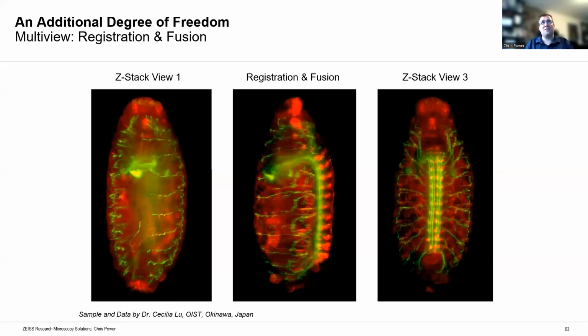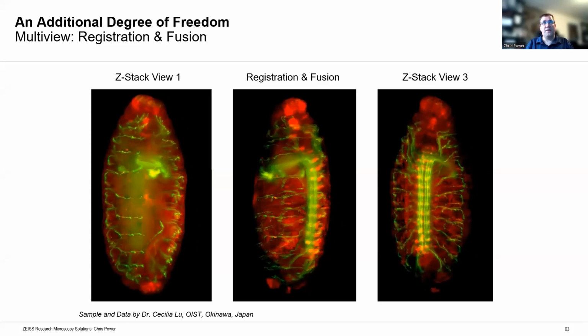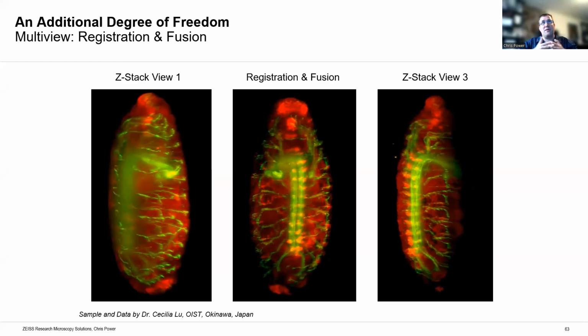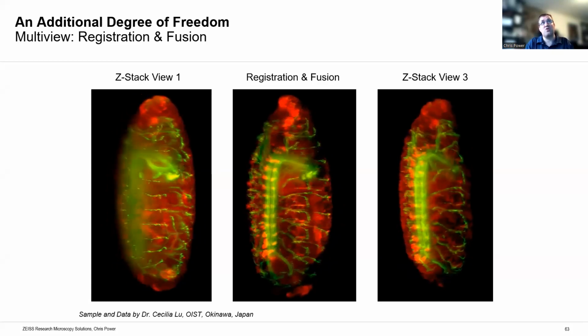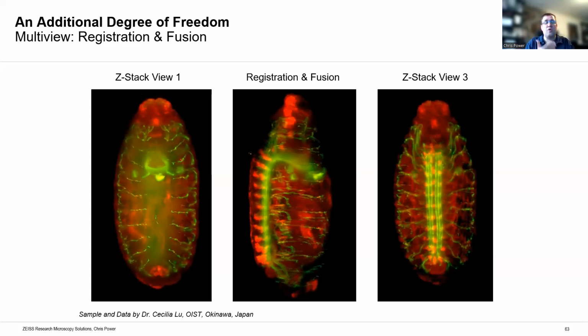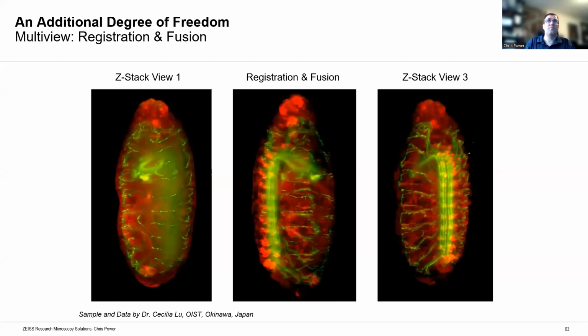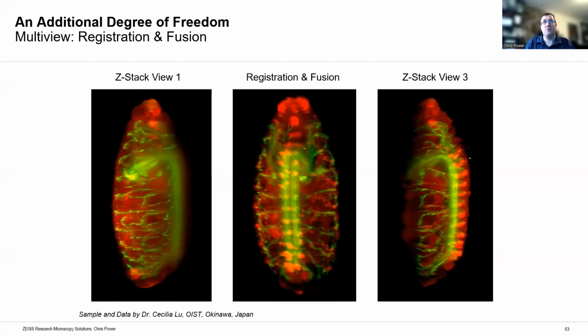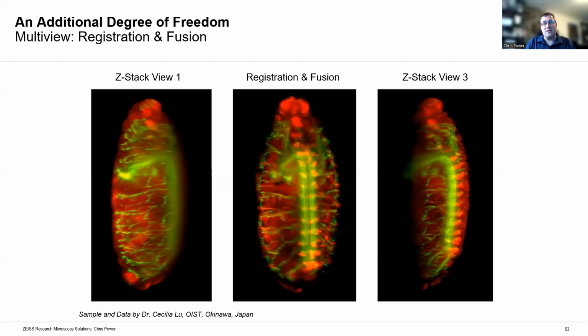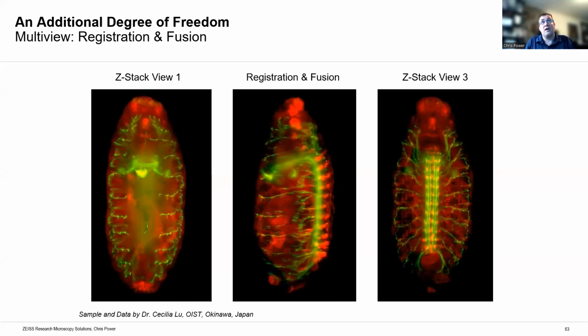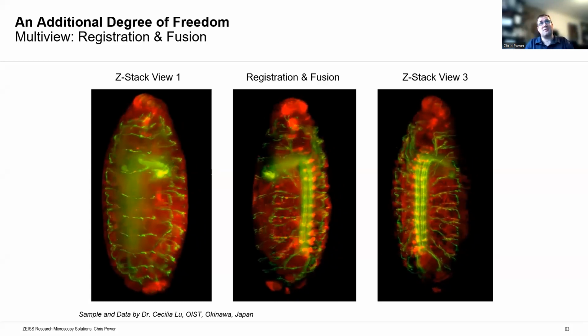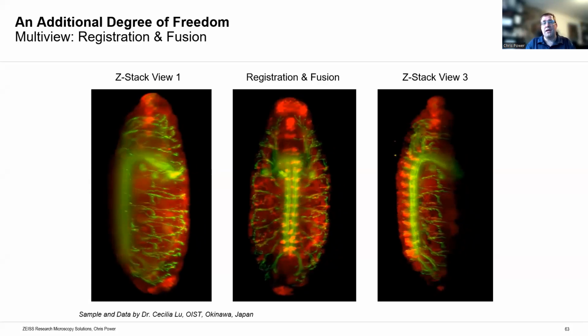The first is that cleared samples are big, and as I mentioned earlier, large working distance tends to degrade your Z resolution. So in confocal, you don't get good Z resolution with big cleared samples. On Lightsheet, you do. The second is that cleared samples tend to be big, and therefore you want to go quick, and Lightsheet, because you image all of the pixels at the same time, is quick.